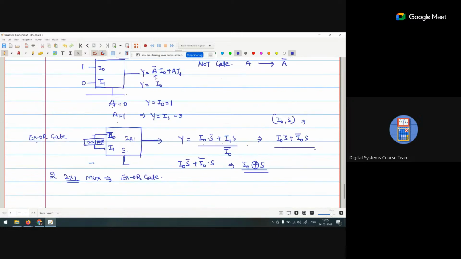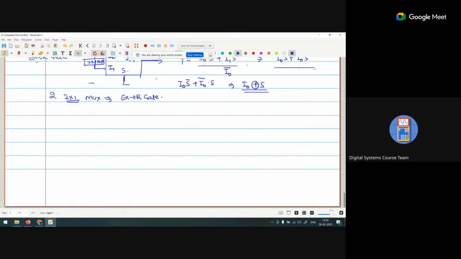If I want to implement some more functions, we can implement those also, like the XNOR gate. If this is a 2 cross 1 mux with I naught, I1, S, then Y is I naught S bar plus I1 S. Now what should I do?